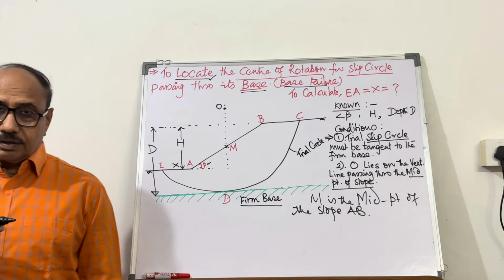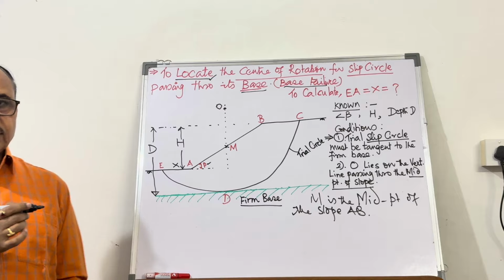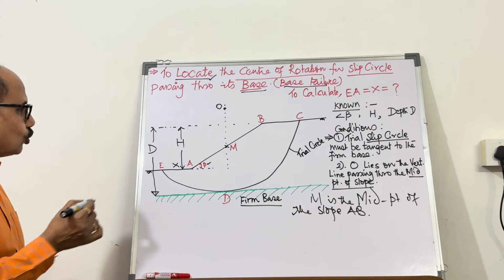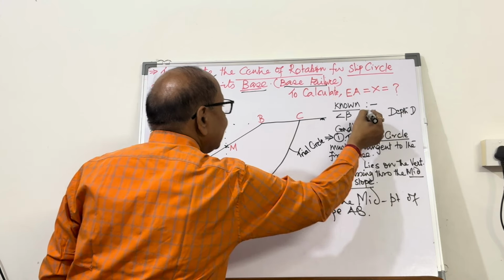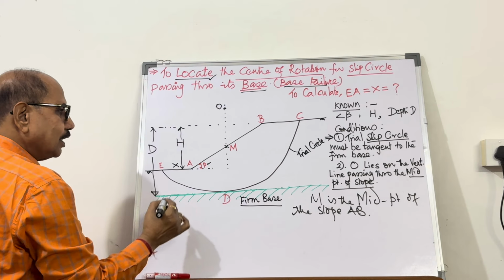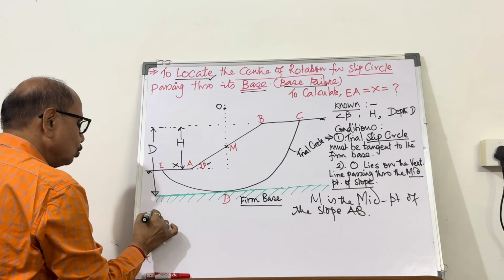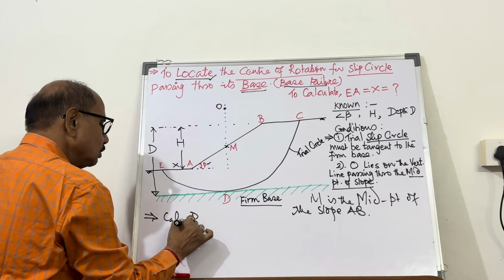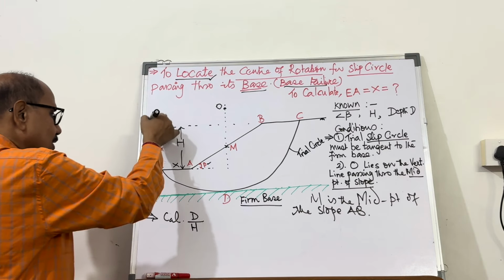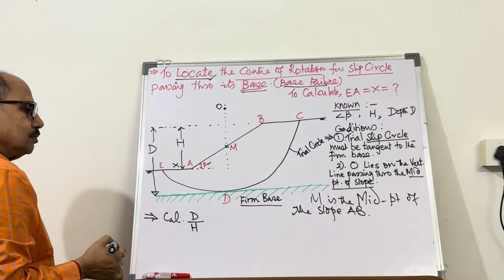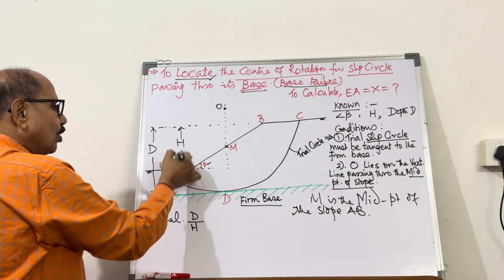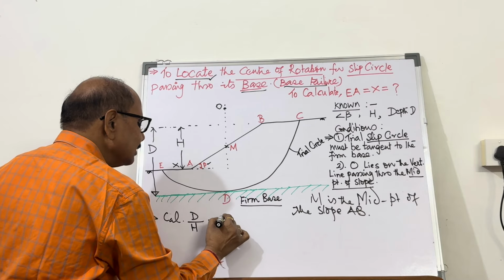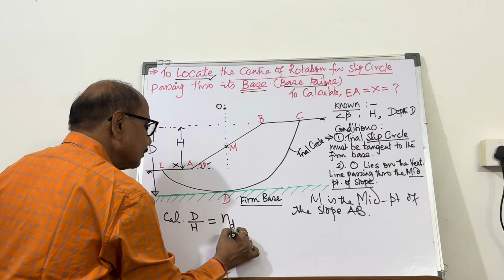And therefore, you can first of all calculate the ratio of D by H. So the first thing that we need to do is calculate this complete depth D upon H, and this is called a factor known as depth factor, ND.